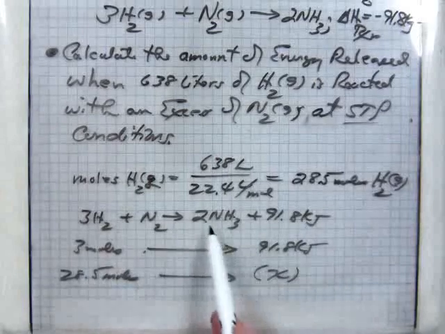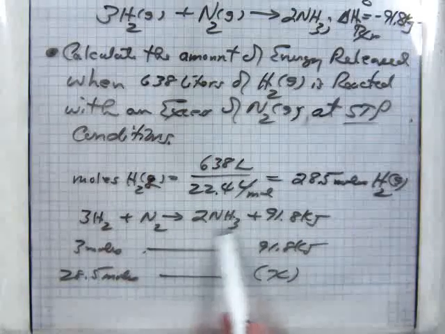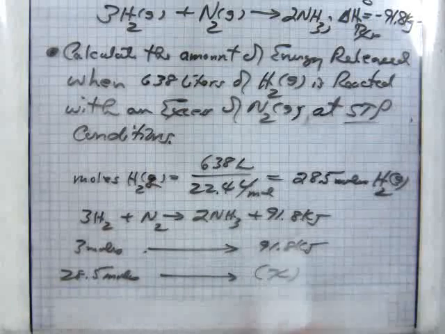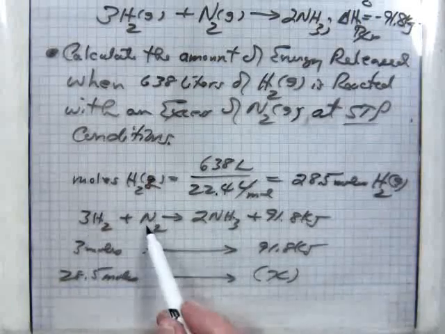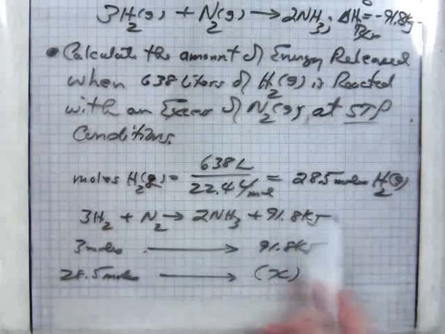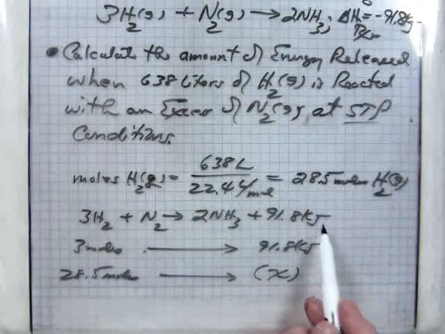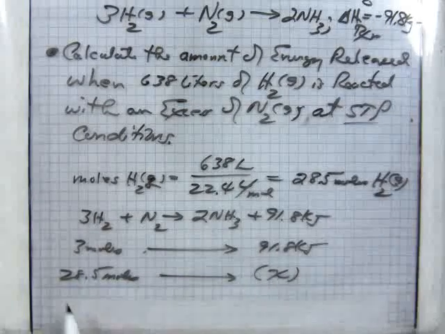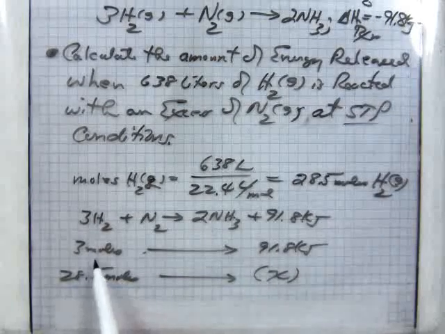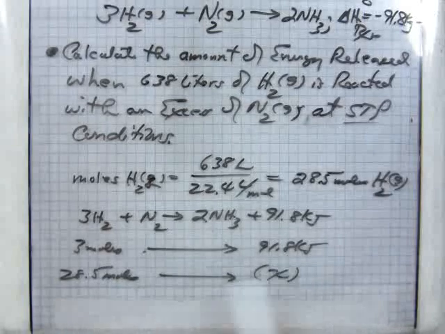Well, you're generating 2 moles, and just 3 moles in excess will give you the 2 moles of that and 91.8 kilojoules. So whatever we have, 3 moles gives this, 28.5 gives X.